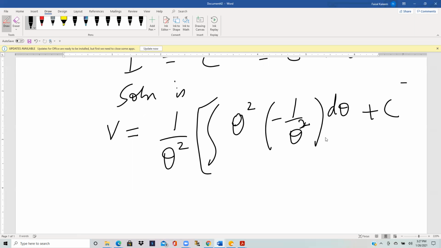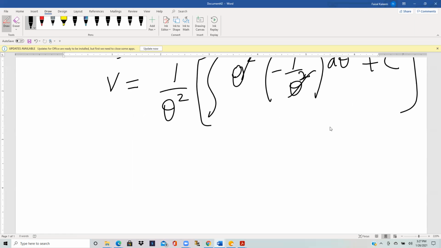So then these two cancel out, and the integral of -1 is just negative theta. Negative theta plus c.